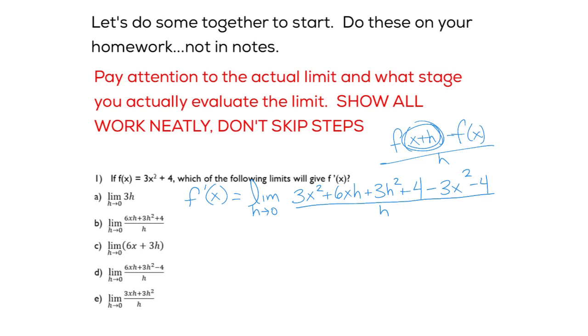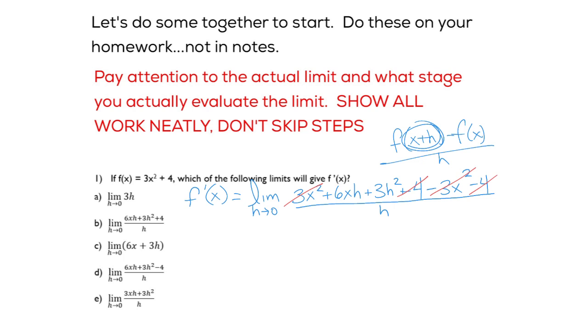Okay, so this right here is the first step that I have to see. I've got to see the full thing written out so that I know that you've done all the algebra, you're finding a limit, all of that. The next thing I'm going to want is to see what you've slashed, but I don't want you to obliterate it because otherwise I'm not going to be able to see this step. So I'm going to slash the 3x squareds. Then I'm going to slash the 4s. Those are gone. And then I think everything that's left has an h.